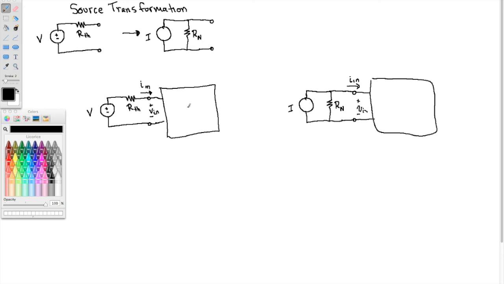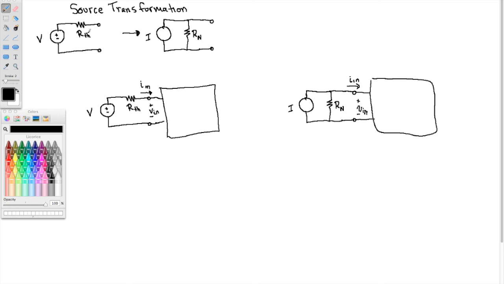If the voltage V in is the same as the voltage V in here, and if the current I in is the same as the current I in here, when the two black boxes are the same, then this is an equivalent transformation. And so I want to figure out how to do that transformation.